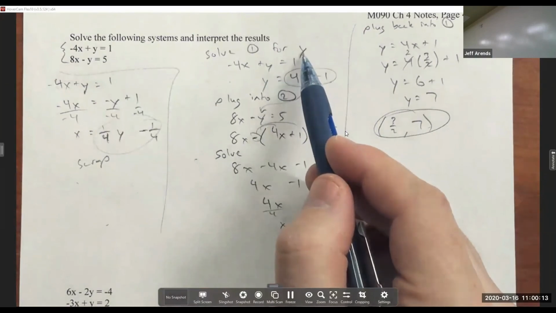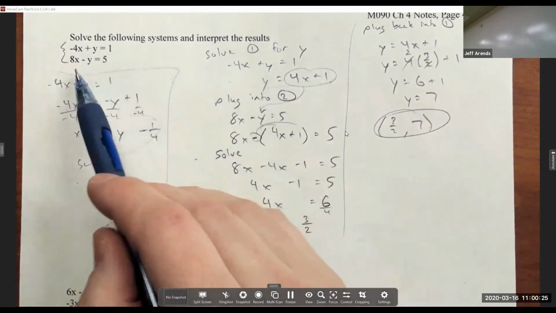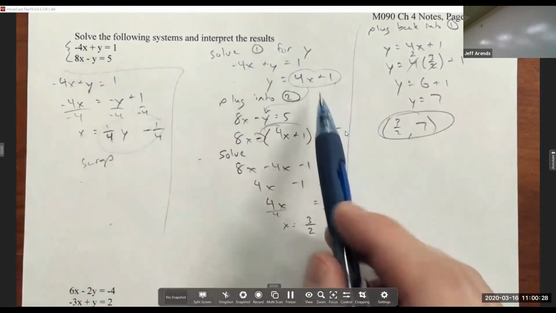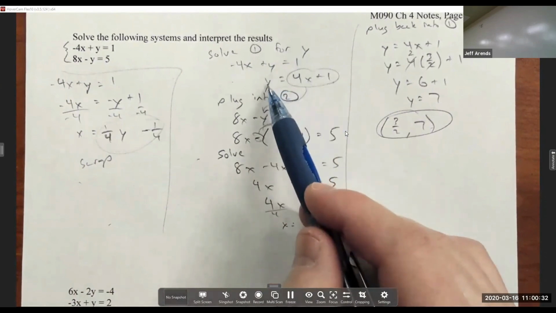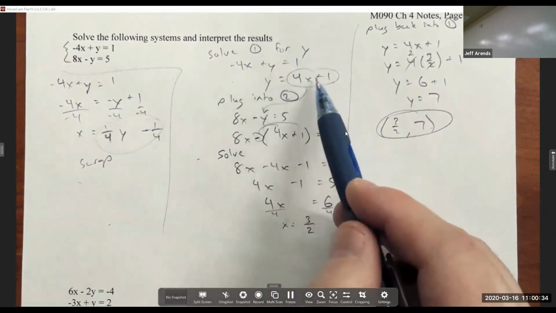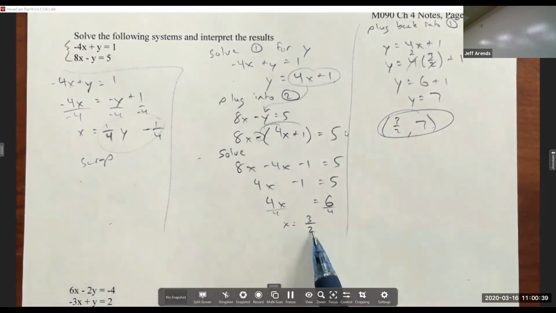We don't always have to solve for y. If we want to solve for y, that means isolating that y. This ends up saying y equals something. We plug that value in for the y into the other equation and solve that resulting equation.